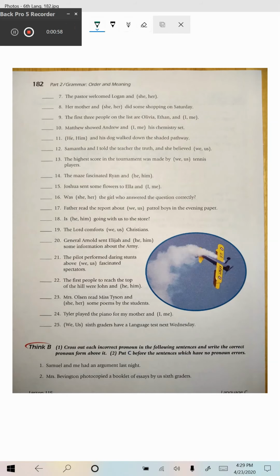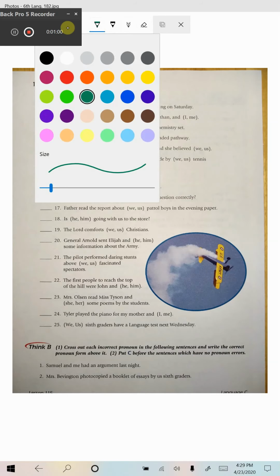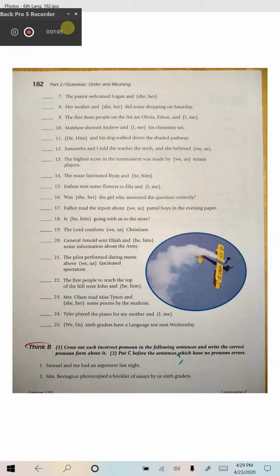So you might want to jot that down. 5 sentences have correct pronouns, okay? All right, so let's look at sentence number 1.